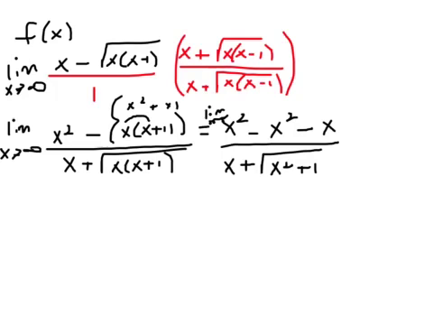I could have done that earlier if I wanted to. Now what I end up with is the limit as x approaches infinity of negative x over x plus the square root of x squared plus 1. If I try plugging in infinity right now, this is positive infinity, I'm going to get the indeterminate form infinity over infinity.